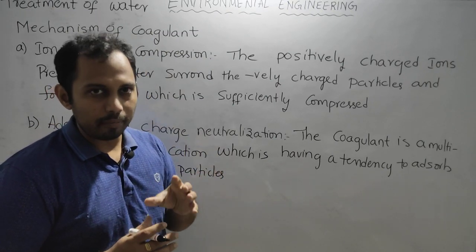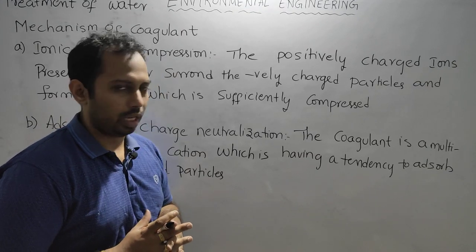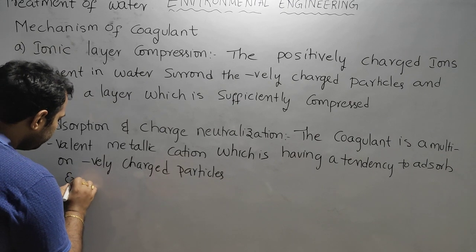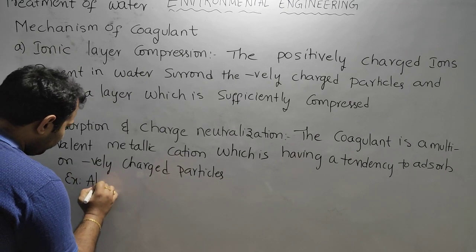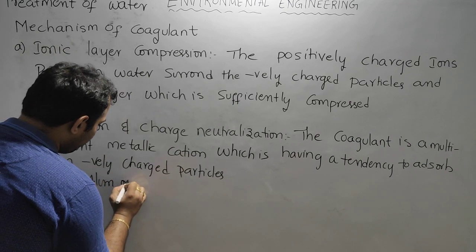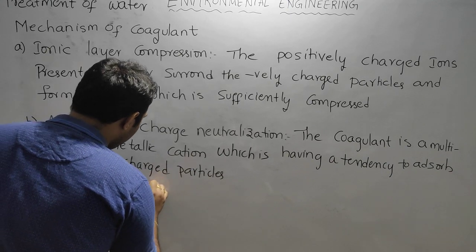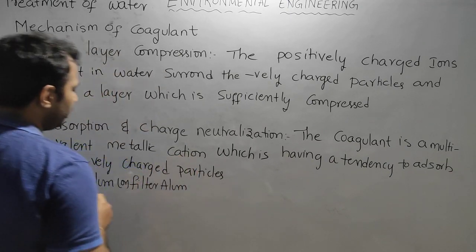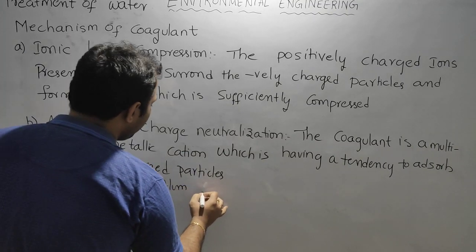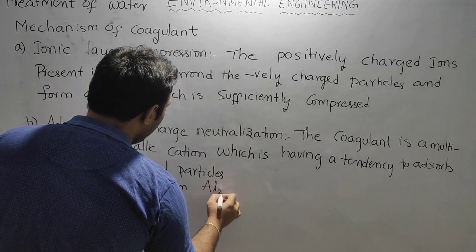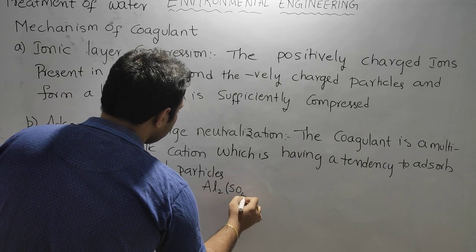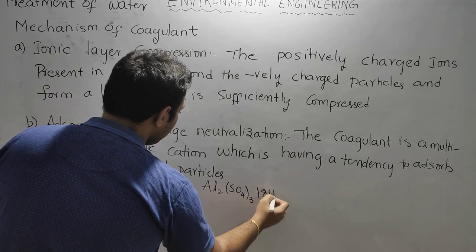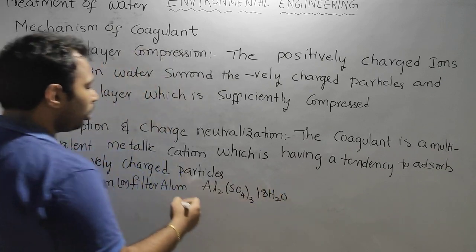One example is alum, or simply filter alum, which has the chemical formula Al2(SO4)3·18H2O.